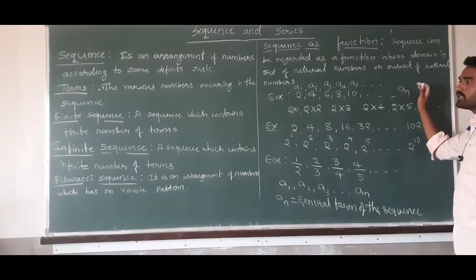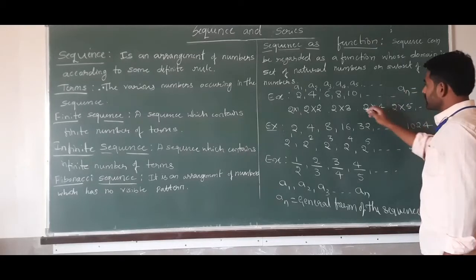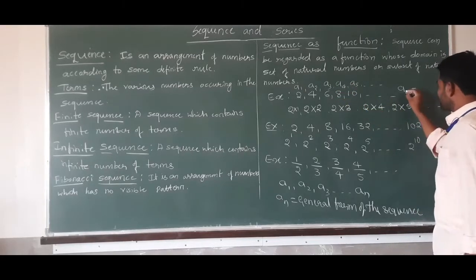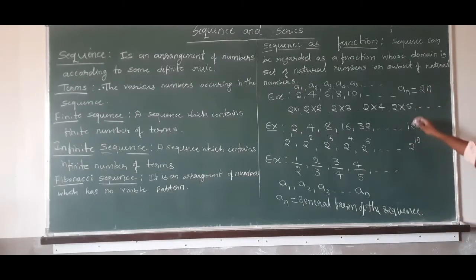The nth term is an. So the general form of the given sequence is an is equal to 2 into n.